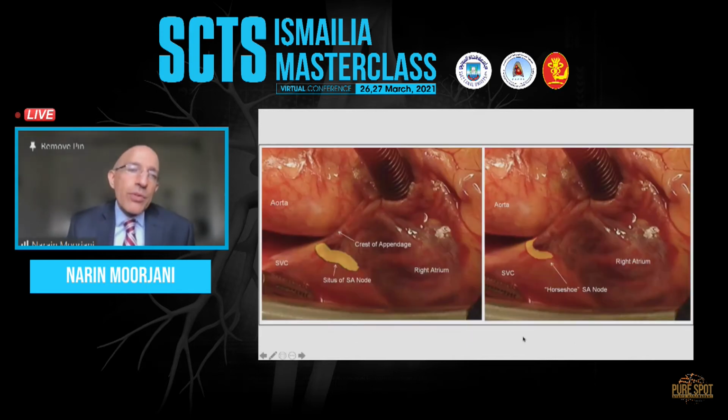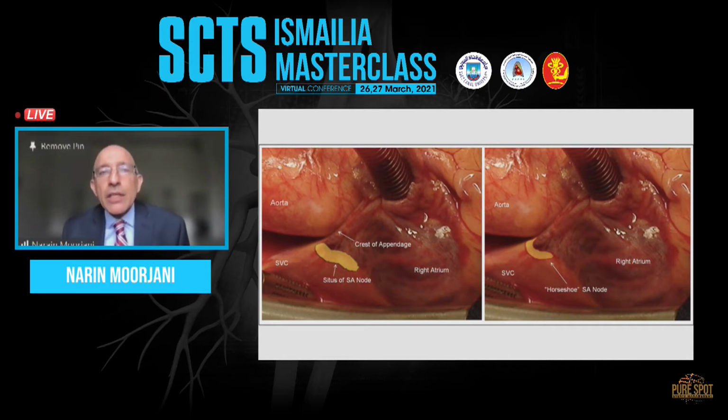And again, to understand the anatomical location of the sinoatrial node, we can see it sitting between the right atrium and the superior vena cava. It's sometimes in a crescent shape, or the majority of times in a crescent shape, but sometimes can be found in a horseshoe shape around that junction. And that's again important when we are operating in these areas, particularly for surgeons who perform a transseptal access to the mitral valve across the right atrium and then down into the left atrium.